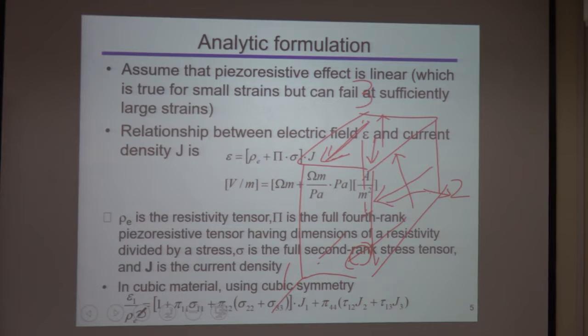Okay, draw tau 3, 2. Okay, draw tau 2, 3.